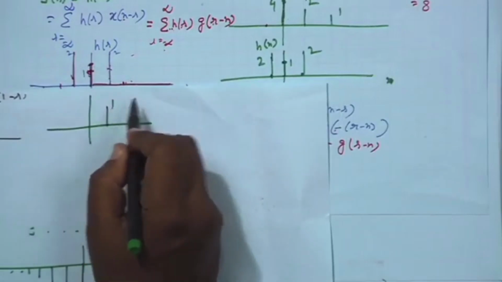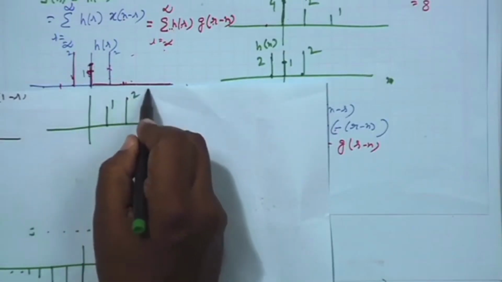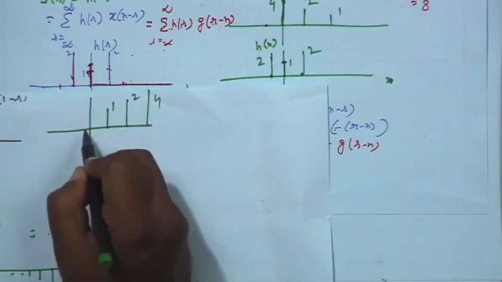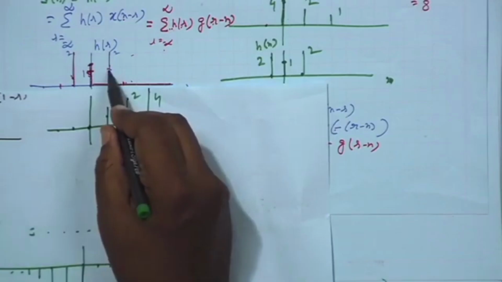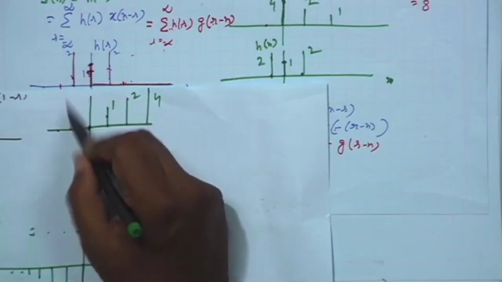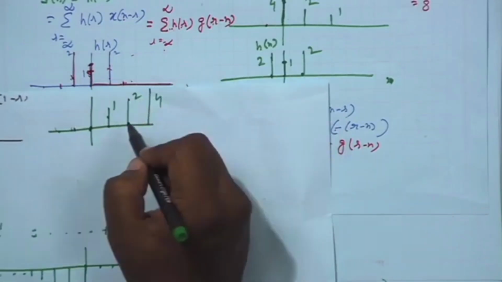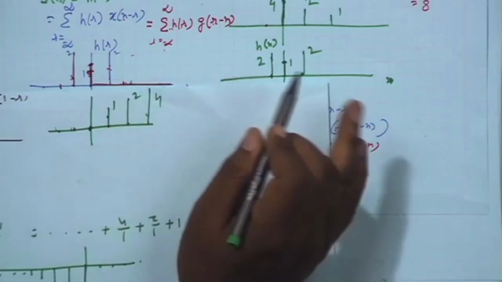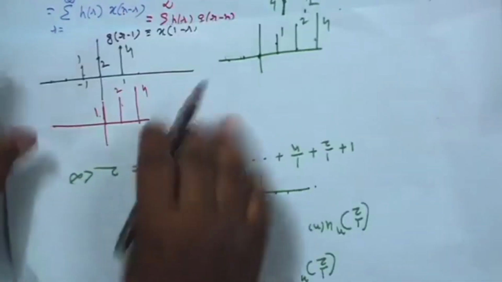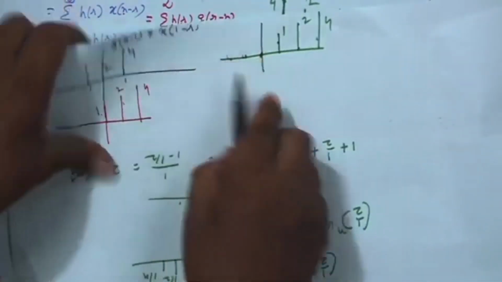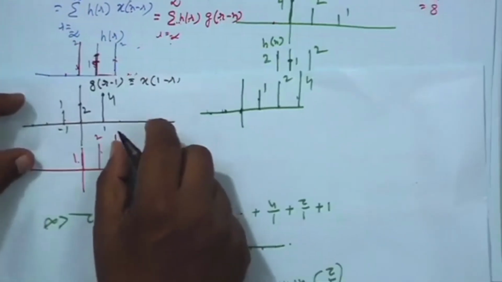So only 1 here, 2 here, 4 here, 0 moves from that side. Only this guy into this guy will survive. Here 0 into this, 0 into this, 0 into this, they mean nothing, and here 2 into 0, 4 into 0 and so on means nothing. So, 2 into 1. You see this entire sequence is shifting gradually to the right.